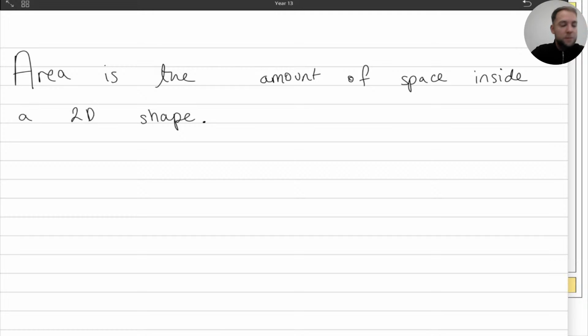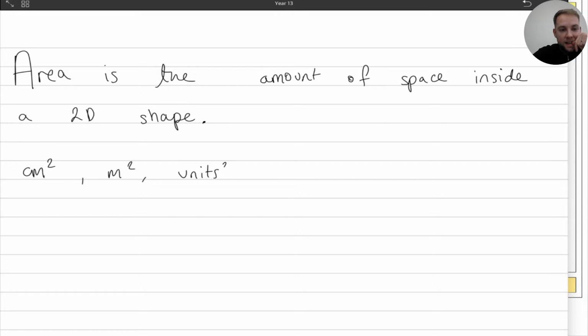So area is the amount of space inside a 2D shape. So we usually do this in centimeters squared. It could be meters squared. Sometimes you just write units squared if you don't know what they are.